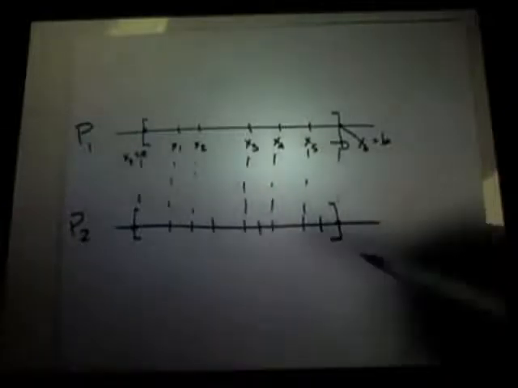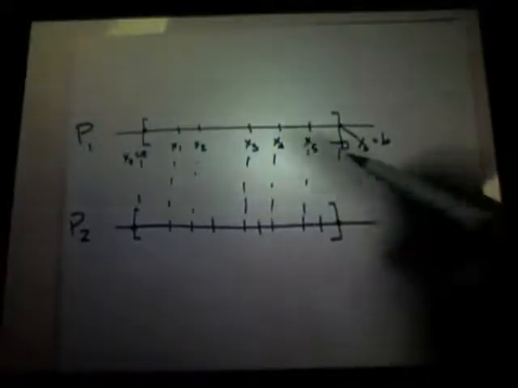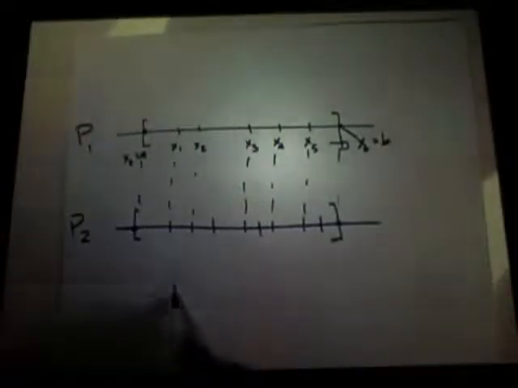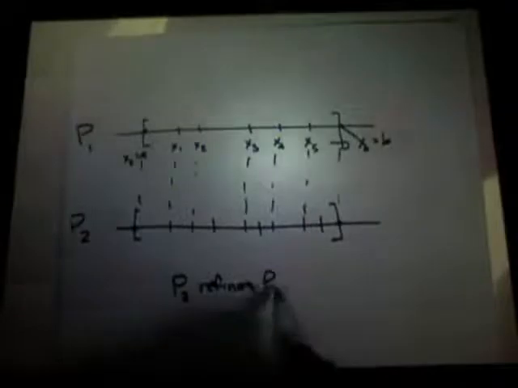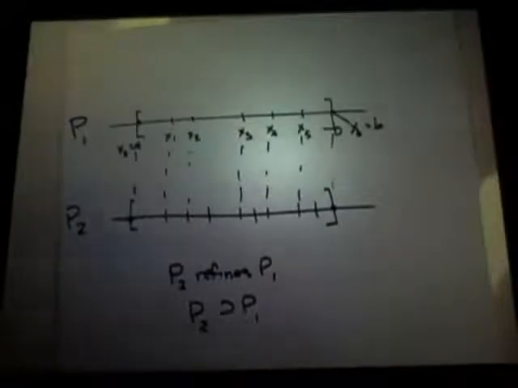The one that has more points but contains all of the points of the other one is said to refine the first one. So we would say that partition P2 refines partition P1. Or P2 as a set is a superset of P1.